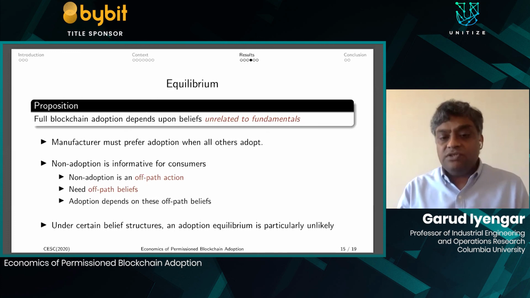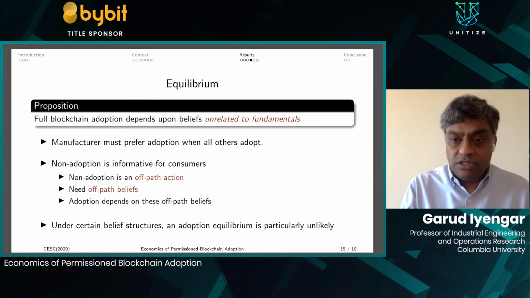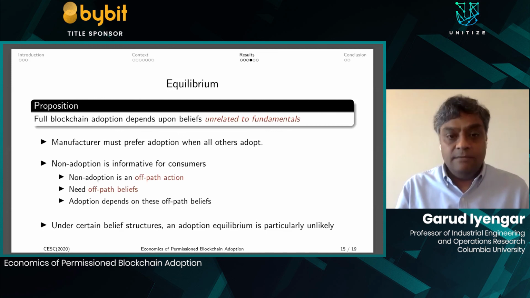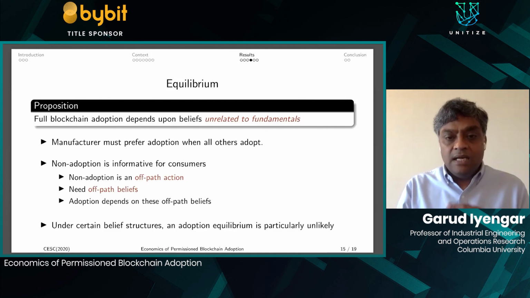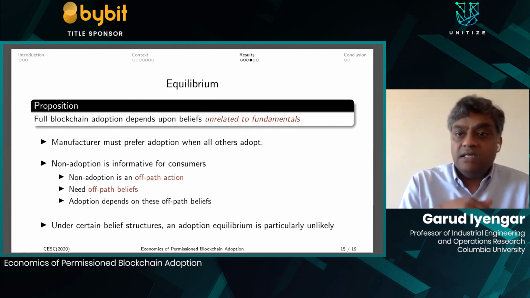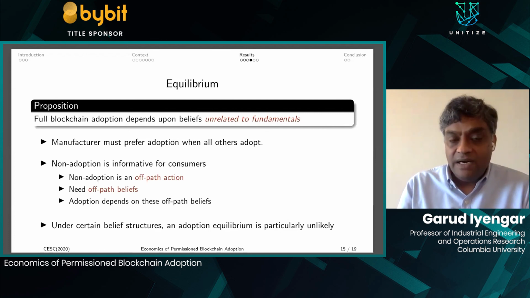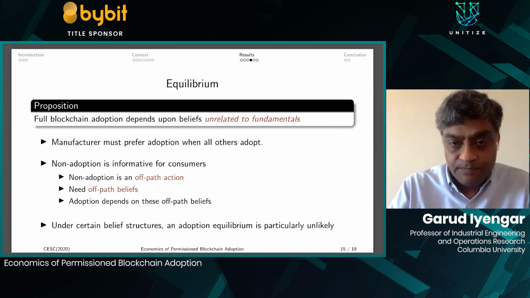Under certain belief structures, an adoption equilibrium is particularly unlikely, and in other belief structures, an adoption equilibrium is likely. The point that I want you to take away from here is that even after you have put in all the conditions necessary for the manufacturer to potentially adopt, there is an education aspect or a PR aspect that has to be done with the customers to change their beliefs so that this equilibrium can be sustained. So that's another one of the messages that we want to get.